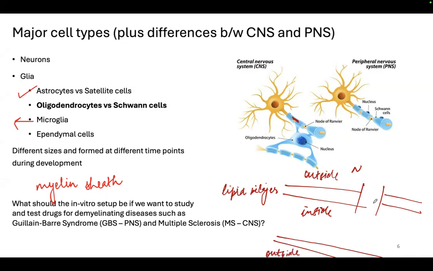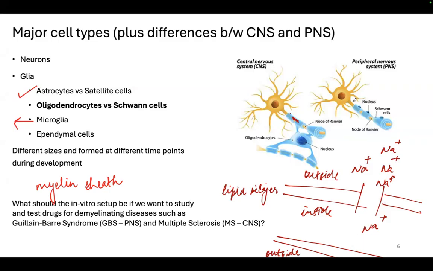Now you have a lot of sodium ions here, and you have fewer sodium ions inside. So sodium can go in, going across from high concentration to low concentration. Sodium can go from outside to inside when this channel is open.